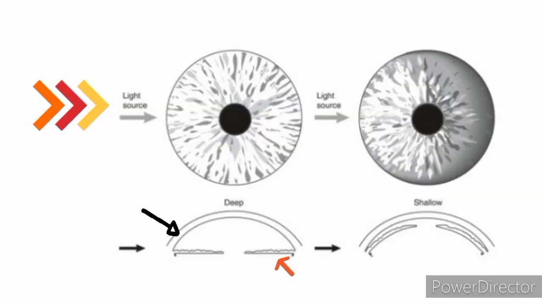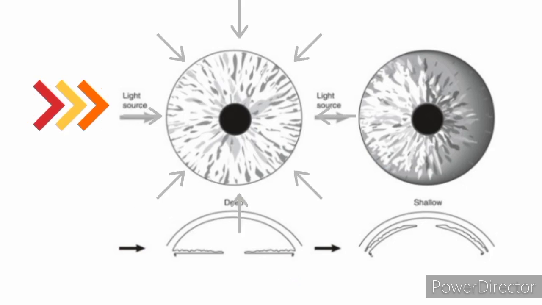As you can see in the figure, the cornea is represented by the black arrow, while the iris is represented by the red arrow. Normally, the anterior chamber is deep and the iris is flat. As the light is illuminated from the temporal side of the iris, parallel to the iris plane, the light will shine on all sides of the iris.